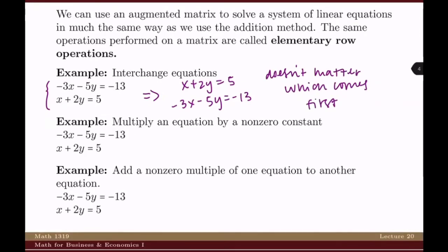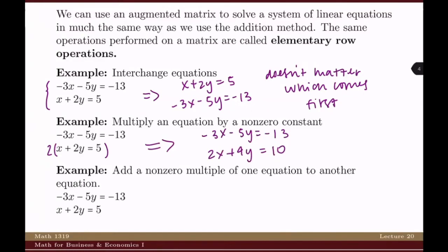Next, we want to multiply an equation by a non-zero constant. Essentially, if I choose the second equation, let's just say I want to multiply by 2. So I want to multiply the second equation by 2.